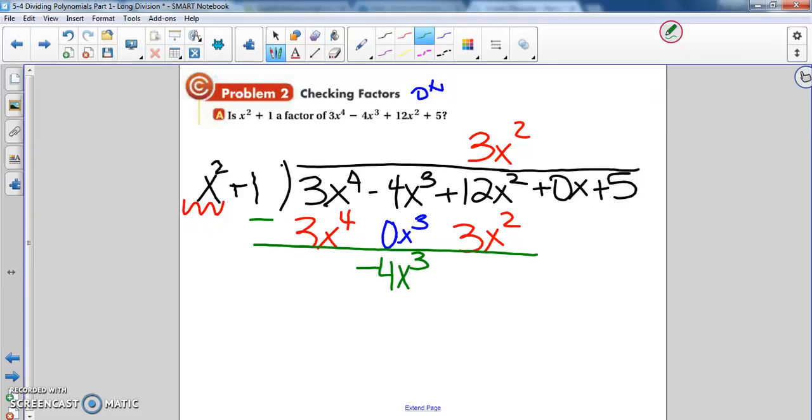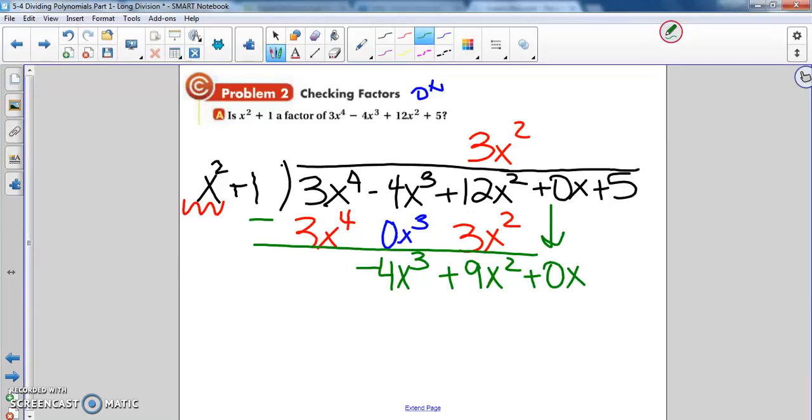12x squared minus 3x squared is plus 9x squared. Then we can go ahead and bring the 0x down.